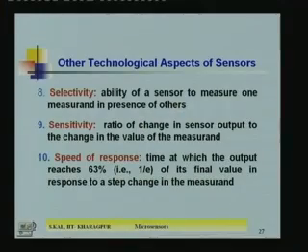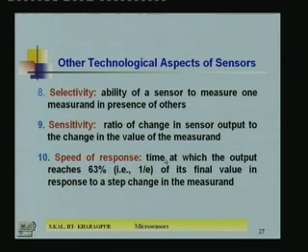Then comes the sensitivity. Sensitivity is a ratio of change in sensor output to the change in the value of the measurement, that is defined as the sensitivity. Okay. And speed of response is also an important parameter, that means the time at which the output reaches 1 by e, which is 63% of its final value in response to a step change in measurement.